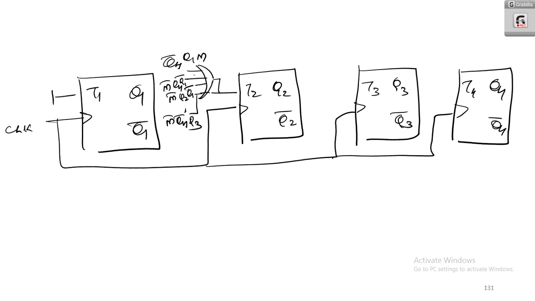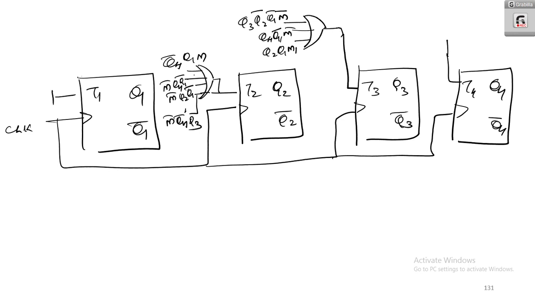Similarly, if you are deriving the expression of T3, just draw the logic here. So it is T3 which are coming in. I am not going to the derivation of expressions. For T3 what we get is Q3 Q2 bar Q1 bar M bar. Here what we get is Q4 Q1 bar M bar. Then here it is Q2 Q1 M. Now for T4 you will get a big OR gate.